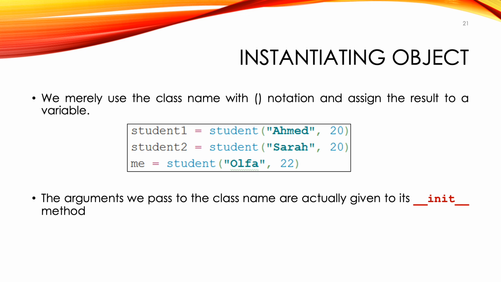Then we assign to it the class name, which is student in this case, and pass the attributes values. So for example, for student number 1, we pass the string value Ahmed, which will be assigned to the full name attribute, and the integer value 20 will be assigned to the age attribute. Eventually, the arguments will be passed to the init method internally.